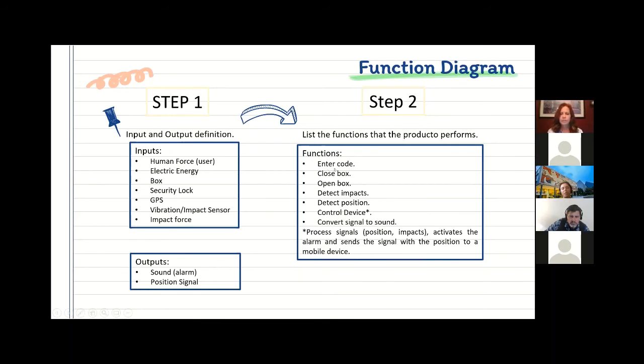Algunas de las funciones que se deben de realizar para que todo funcione de manera adecuada es que introducimos el código, cerramos la caja, abrimos la caja, detectamos impactos, también detectamos la posición, tenemos un dispositivo de control, el cual va a procesar las señales, tanto de la posición como de impacto, va a activar la alarma y también va a enviar la señal de la posición a un dispositivo móvil. Y finalmente, hacemos la conversión de nuestra señal a sonido.